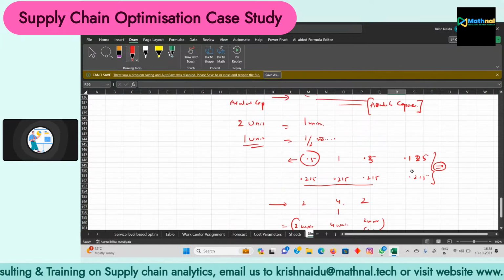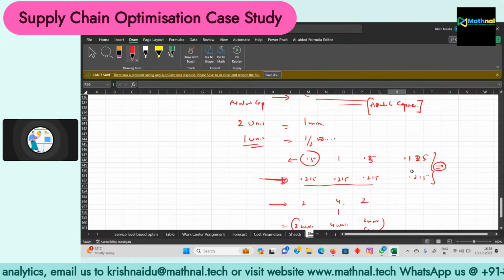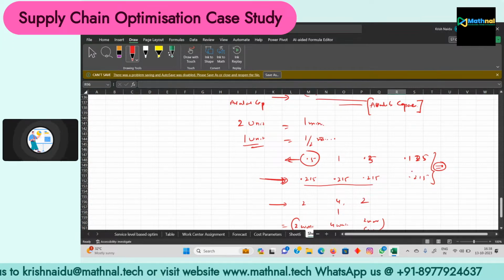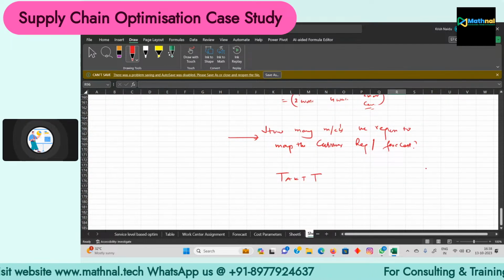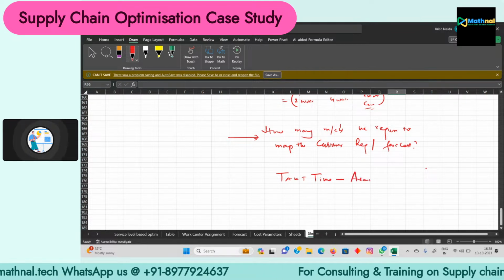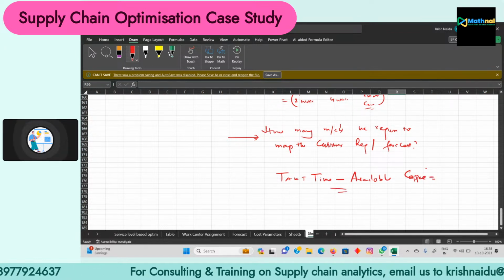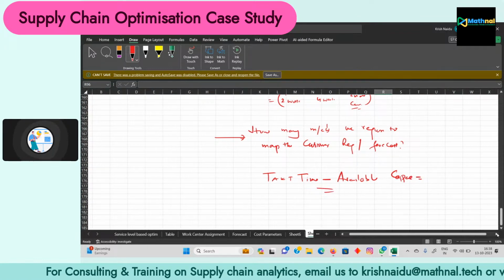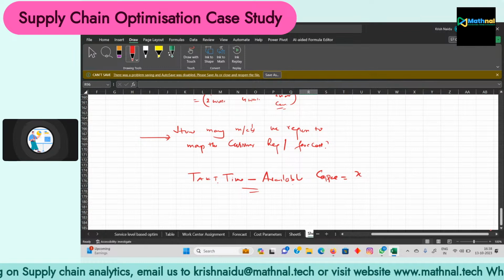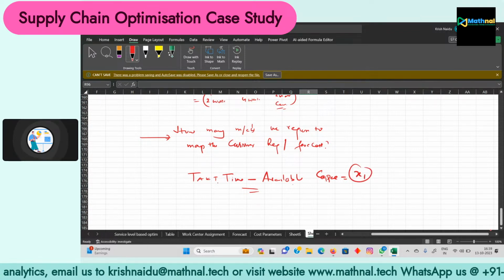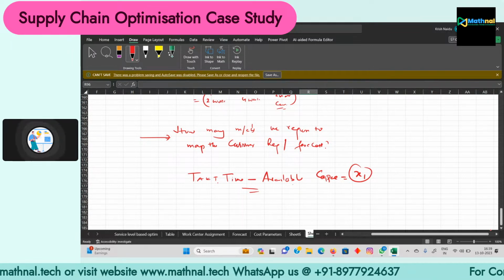That's why it's very, very important to have the measurement of the takt time and also the measurement of the available capacity. If you measure the gap between the takt time and the available capacity, takt time minus the available capacity, this measurement can be used to discover the number of machines required. Suppose the gap between takt time and available capacity is X1. How many machines are required to bridge the gap?